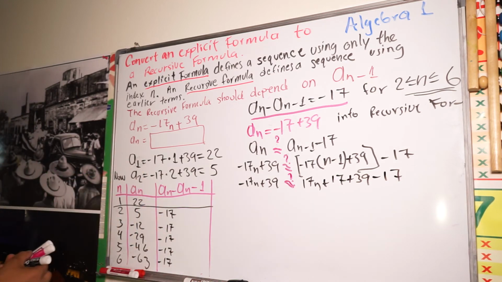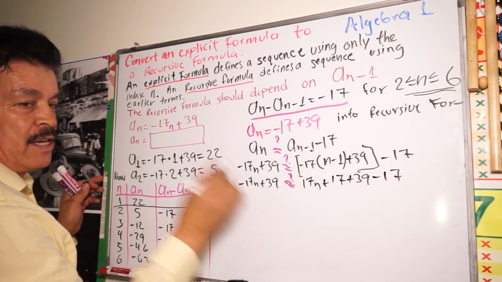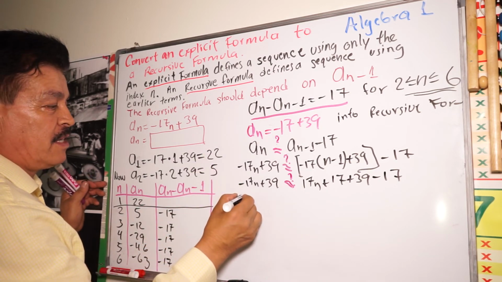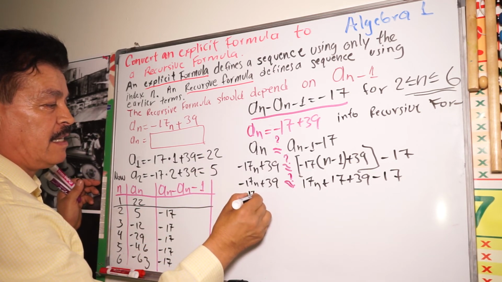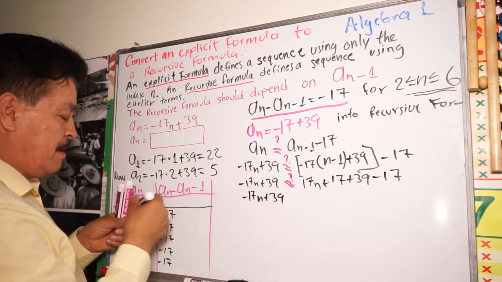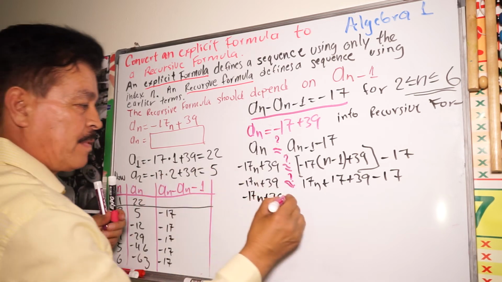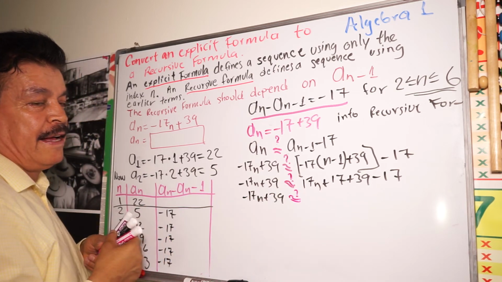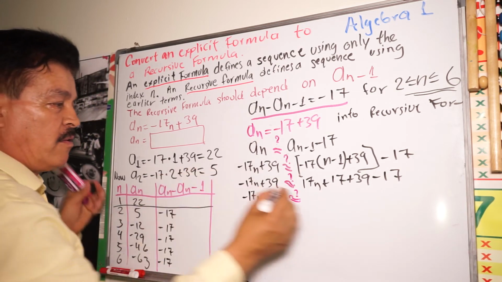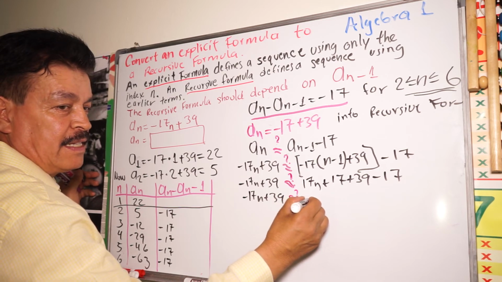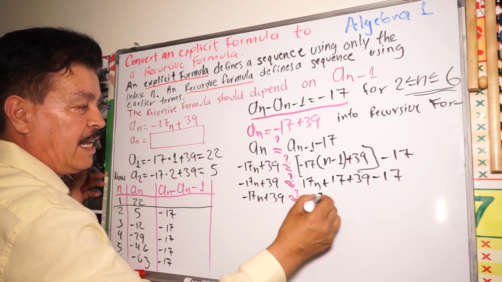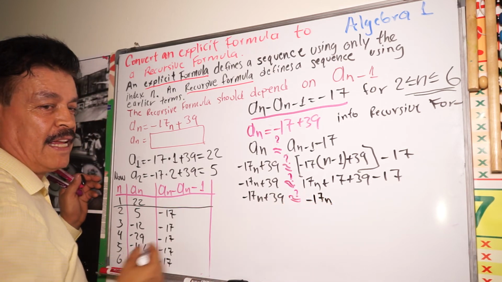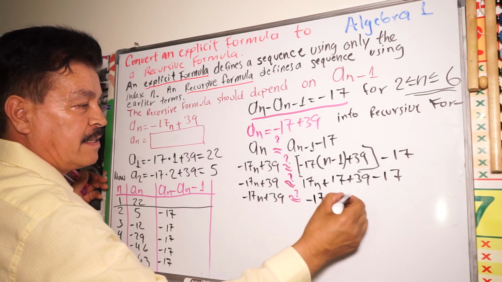Now, next step. Again, on the left side, negative 17n plus 39 is equivalent to, now, negative 17n plus 39.